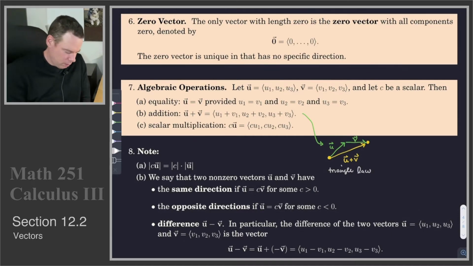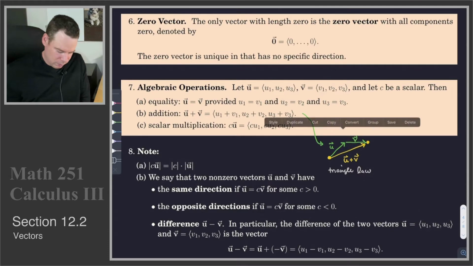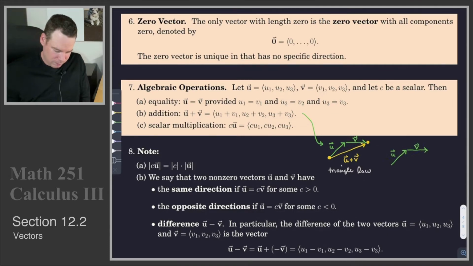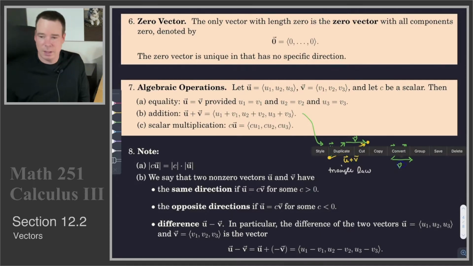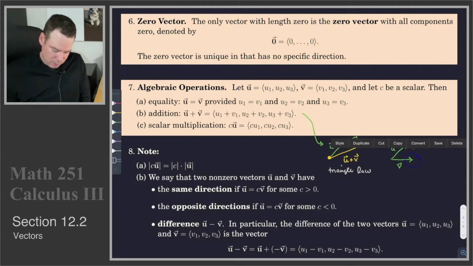There's another way to think about adding 2 vectors, and again what I'm going to do is just copy and paste. So we'll use these same 2 vectors, paste. The other way I can think about this is I'll just take the 2 vectors and imagine that they both start at the same point. So they have the same tail point. And then what I'll do is I'll just copy one of the vectors, add it to the tip of the other, and vice versa. So I'm making 2 copies of each vector.